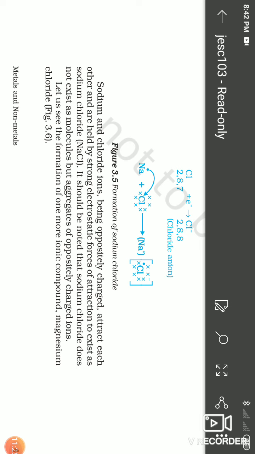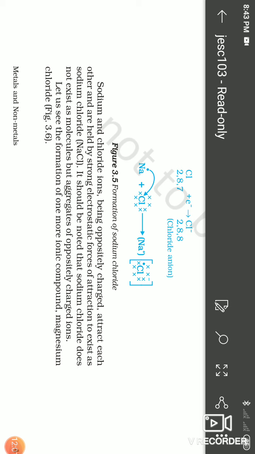Sodium and chloride ions, being oppositely charged, attract each other and are held by a strong electrostatic force of attraction to exist as sodium chloride. It should be noted that sodium chloride does not exist as a molecule but as an aggregate of oppositely charged ions.